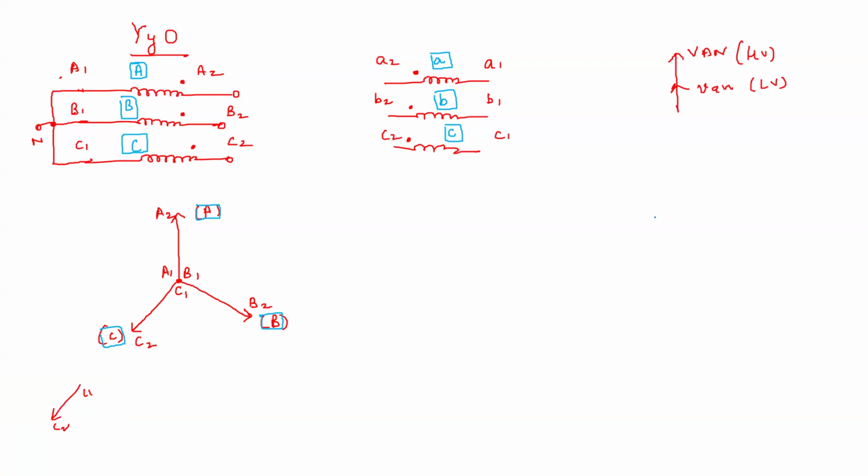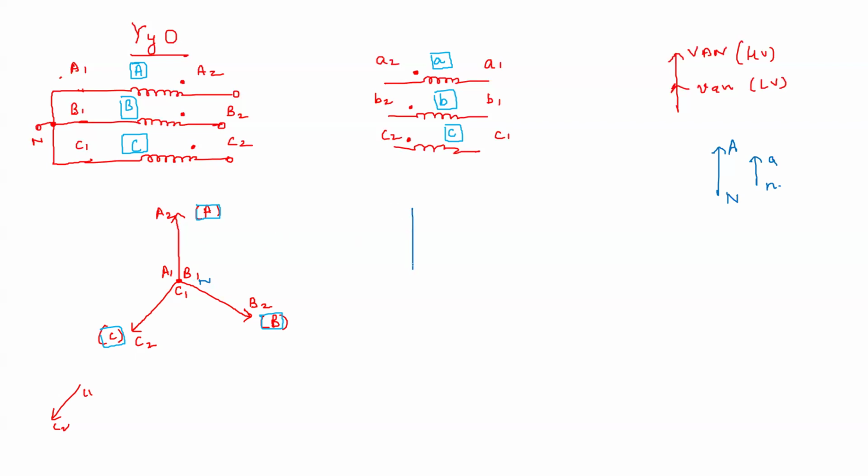Suppose this is the vector AN, capital AN, and small an has to be in phase. This is A1, B1, C1, or N. So these two vectors have to be co-phasal, because this is 0 degree. 0 degree means co-phasal.